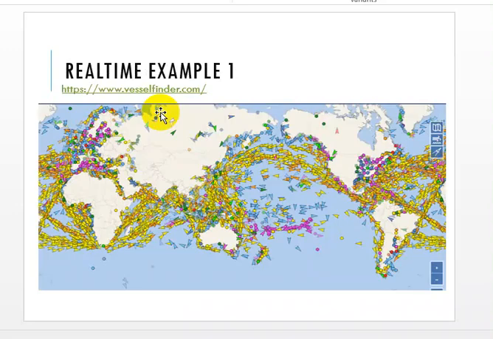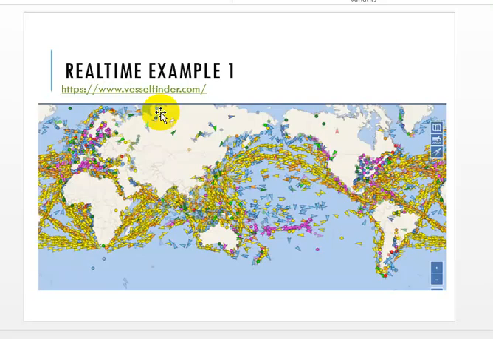You may see this real-time example, vesselfinder.com. You can see those yellow lines, pink dots, green dots, and pink and green arrows. Everything shows the vessels that are traveling per day throughout the world in the sea.